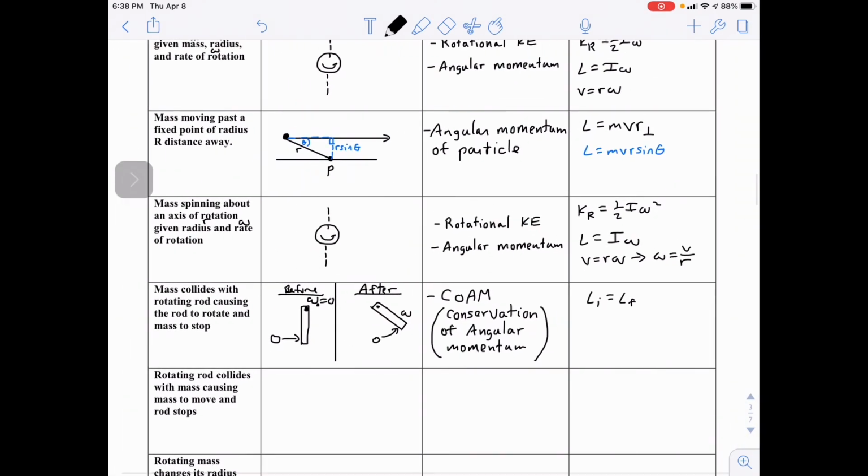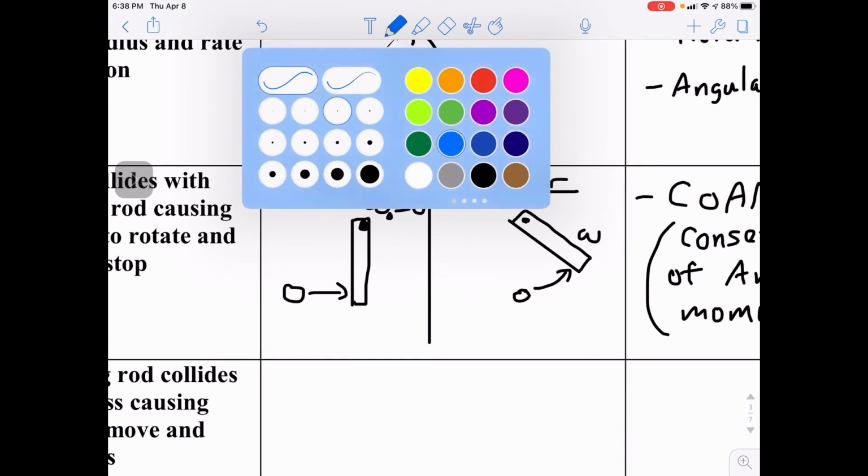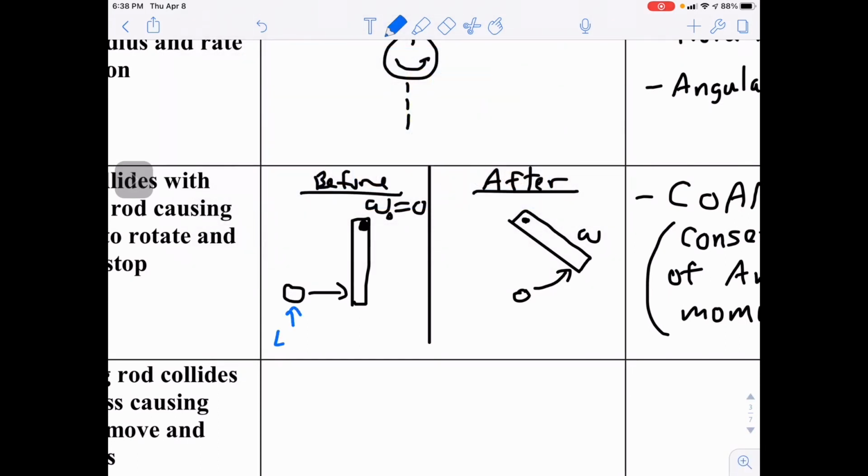Here's what we need to do. Go back to this right here, and we need to reason it out. This has m v r of angular momentum before. This has angular momentum of I omega afterwards. I'm talking specifically about this because this object stops, and the rod was at rest beforehand too.